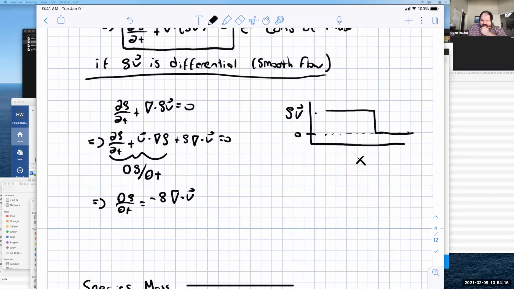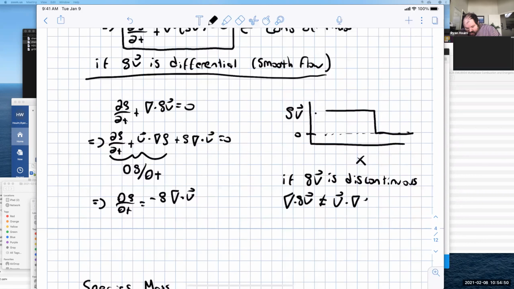Okay, so if there's a discontinuity in rho v at the shock wave, it is non-differentiable. So if rho v is discontinuous, the divergence of rho v is not equal to v dot grad rho plus rho times the divergence of the velocity.